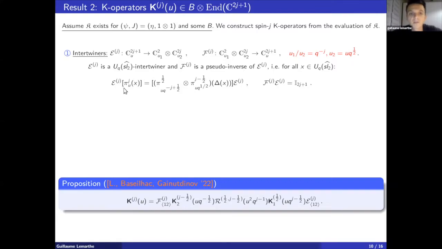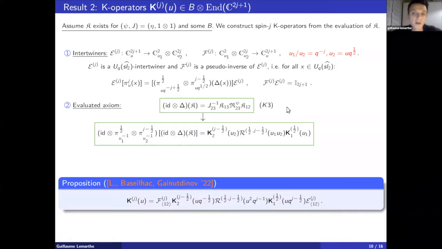So in general, you can put any u1 and u2, and in order to have this relation true, it will impose some ratio upon this spectral parameter as follows, the red part. And F here will be a pseudo inverse of E, that is FE equal 1. Okay, so this is how we define our intertwiners. Now recall the K3 axioms, the last one, and we can make some evaluation for this axiom.